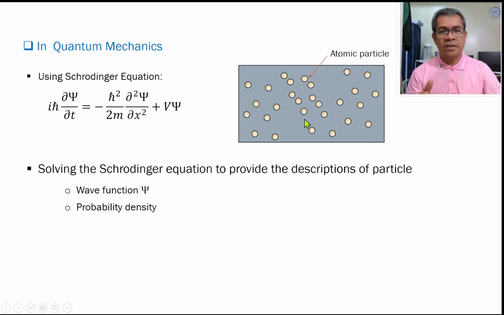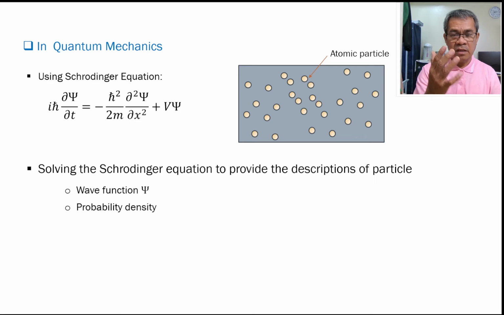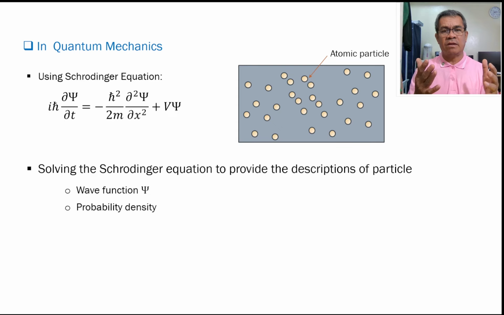We know the particles are located in that quantum system, but we don't know the location of that. So the only thing that we can provide as a description is probability. Okay? And take note, the greatest probability is 1, meaning 100%.